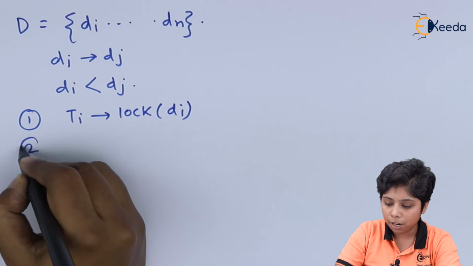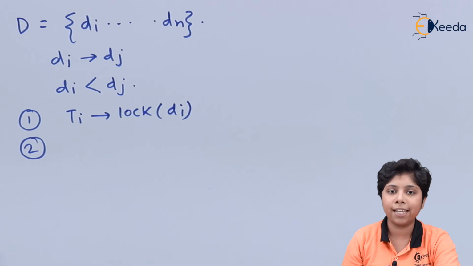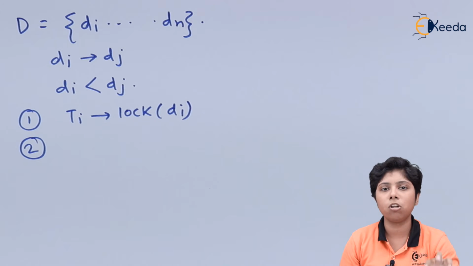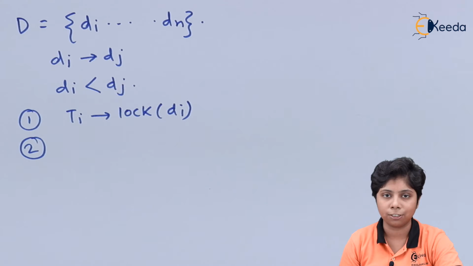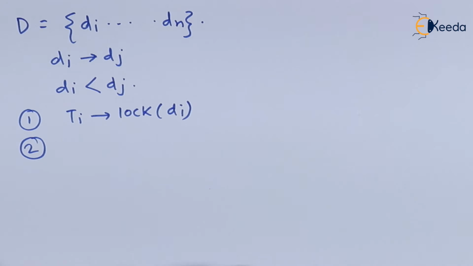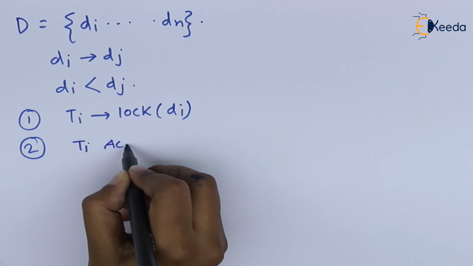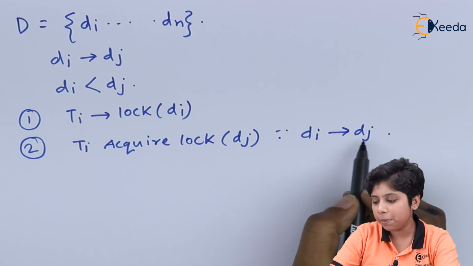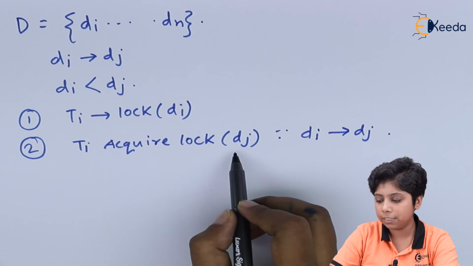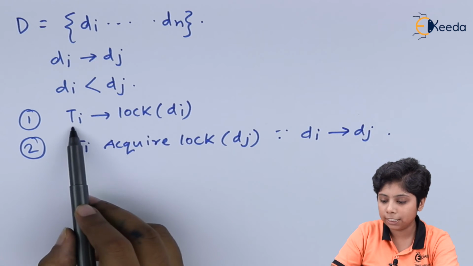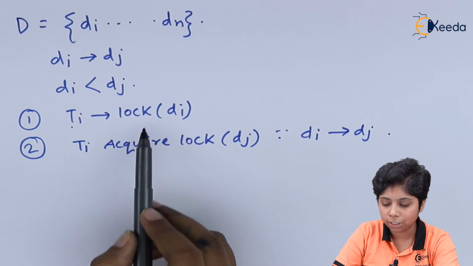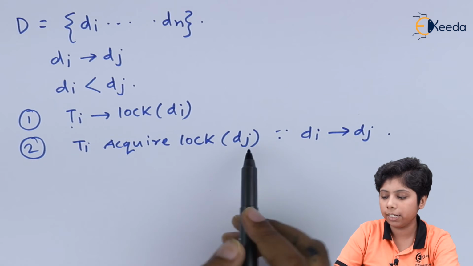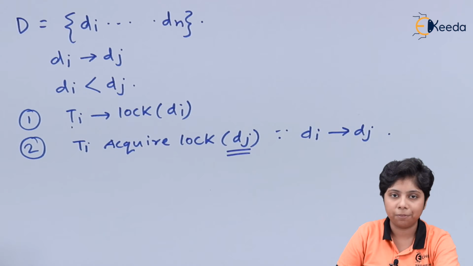Next, a data item can be locked by a transaction only if its parent node is locked. Now if Dj is the child of Di, that means Di is the parent of Dj, and Ti has acquired a lock on Di, then only Ti can acquire a lock on Dj.